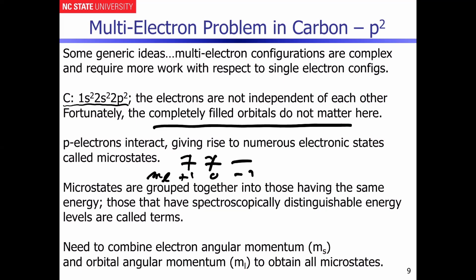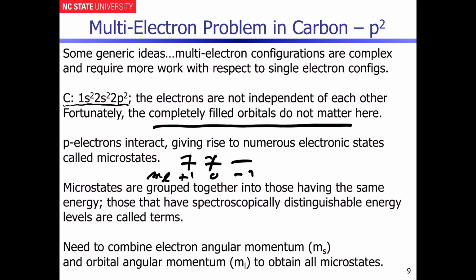So this is, for example, a triplet state, and we always write that as the ground state because we're minimizing electron-electron repulsion, and we're maximizing electron exchange. But let's actually look at all the possible microstates that can be generated from this configuration.